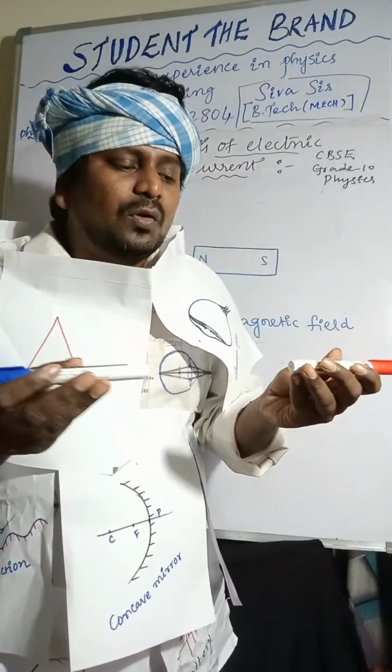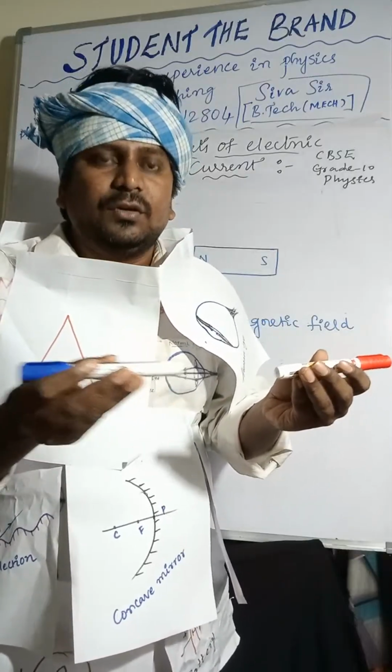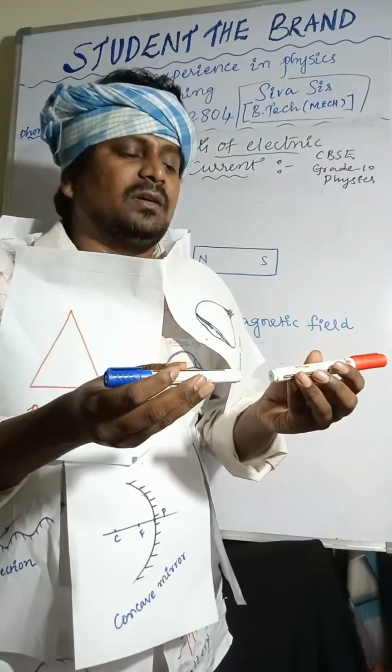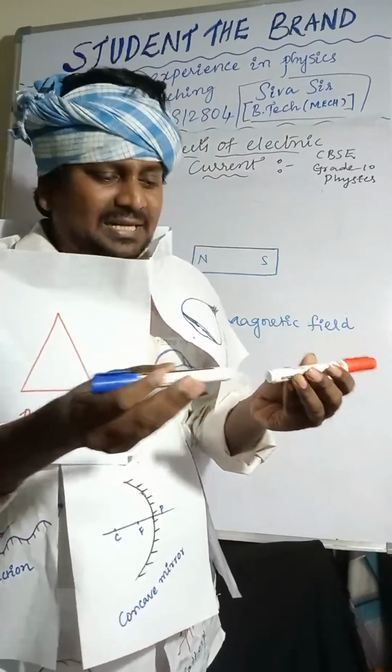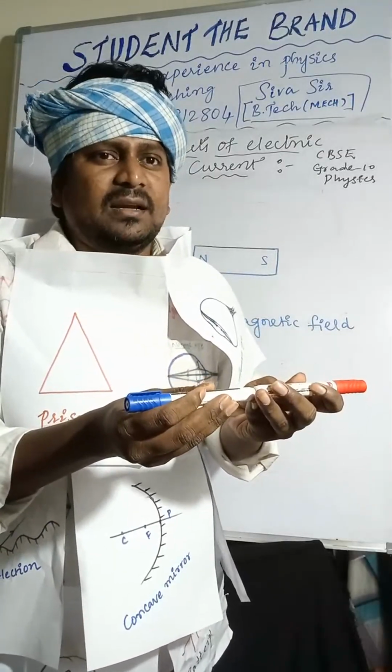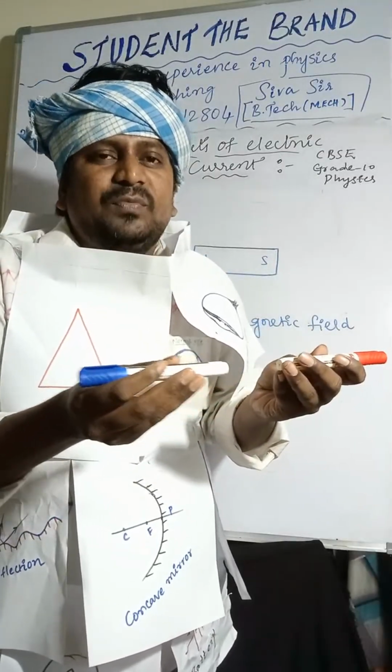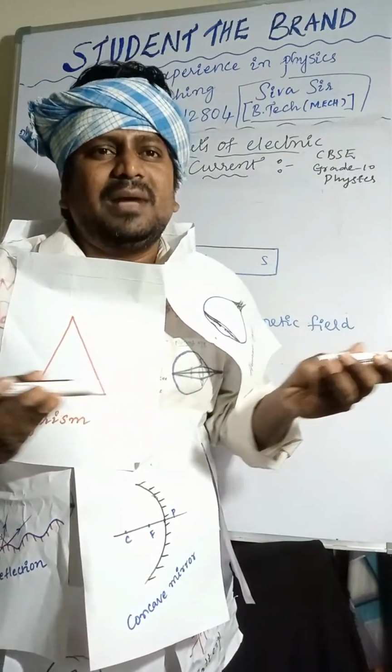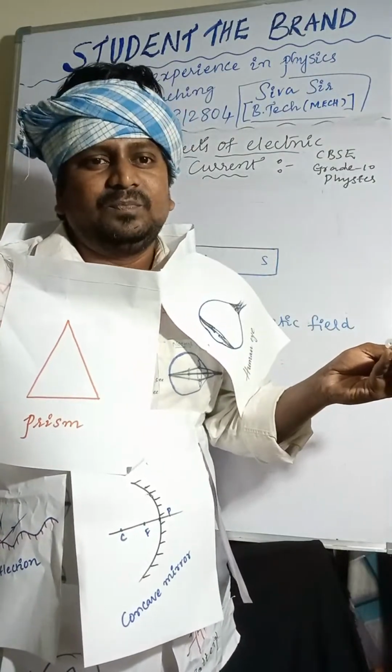If you bring this magnet near the other magnet, within a certain distance, then it will attract. As you move away from it, the magnetic field decreases and it won't attract.